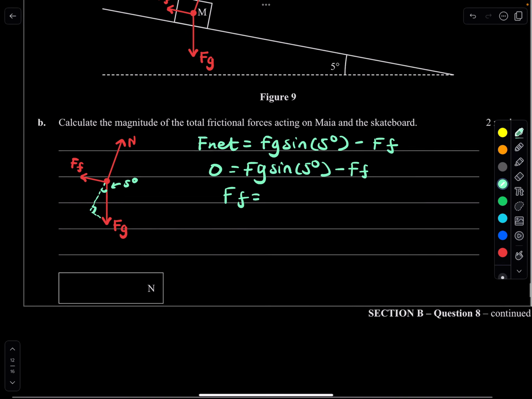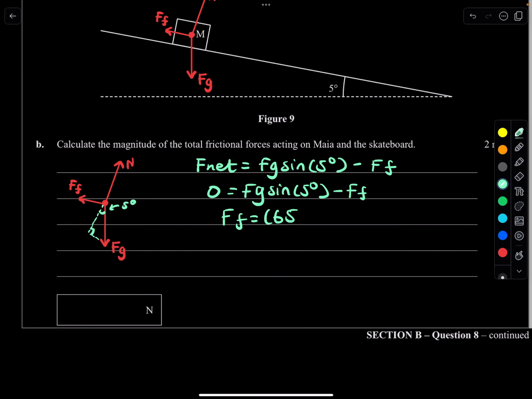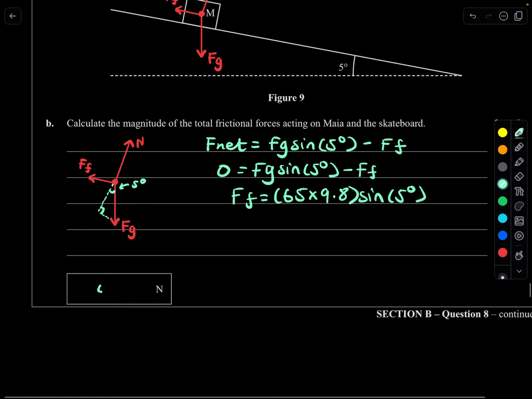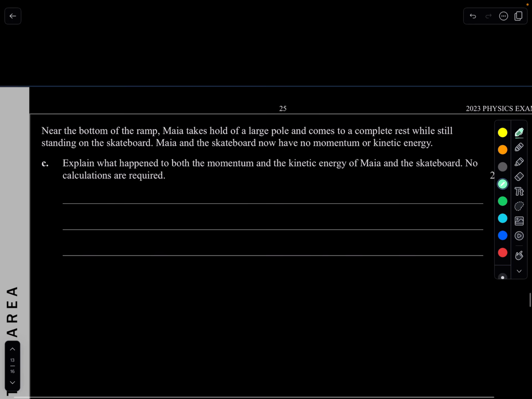So 65 times 9.8 times sine 5 degrees. That's going to give me basically 56 newtons. Easy.